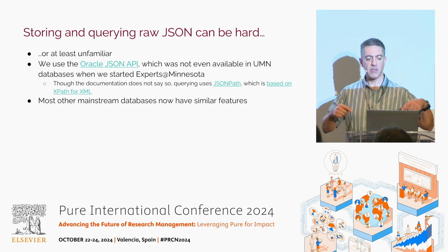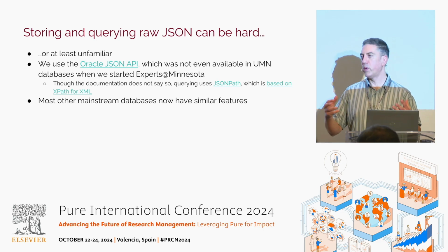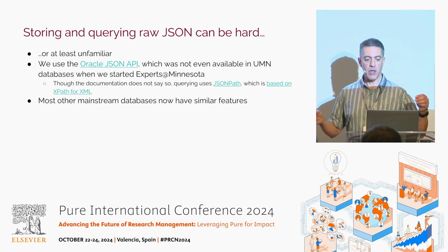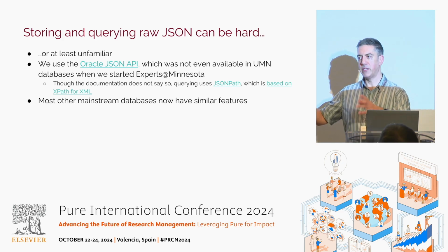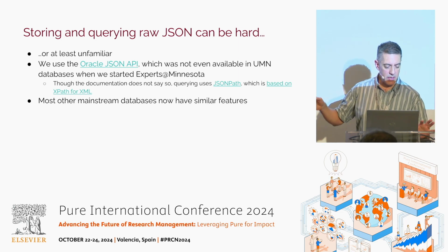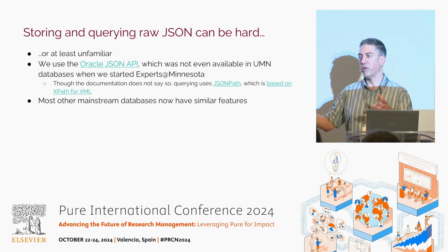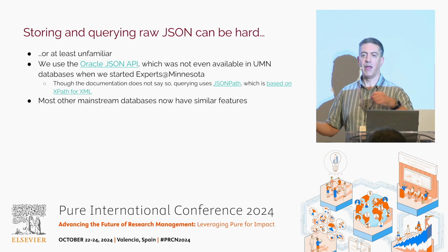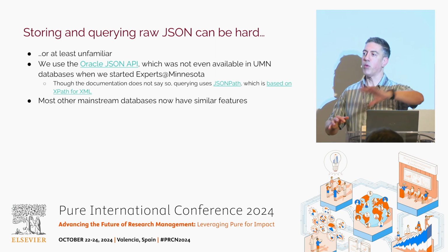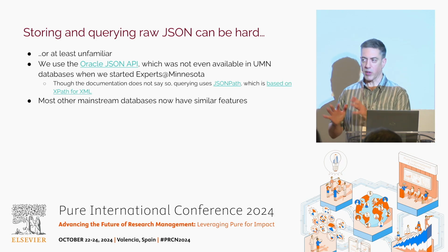And it allows us to combine JSON path expressions with SQL. And then we use that to build materialized views of the raw JSON data, and then we can use only the fraction of data that we might need for a report, because Pure contains so much, and that way we avoid the cost of trying to transform everything, and so we can be much more precise and economical in what we're doing.